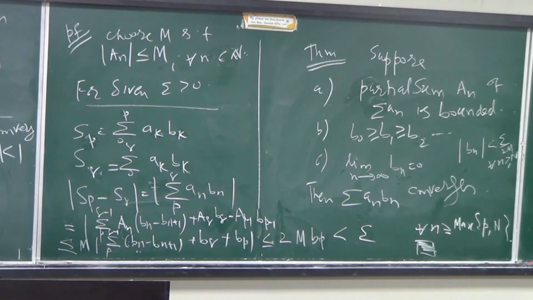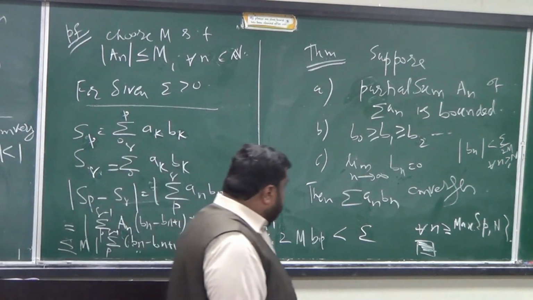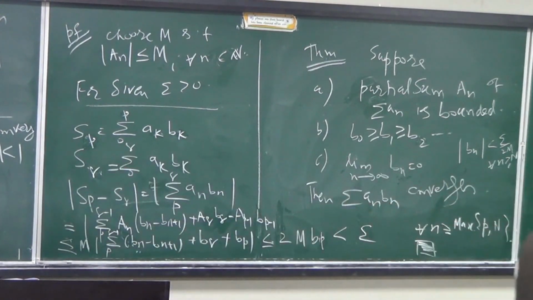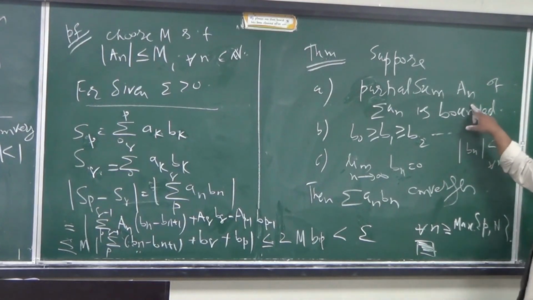I can quickly rewrite and explain this again. Okay. So the first condition says that the partial sums are bounded for every n.